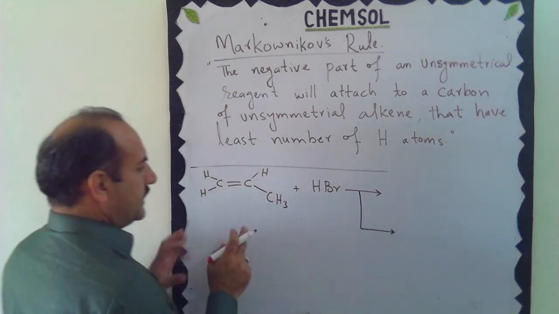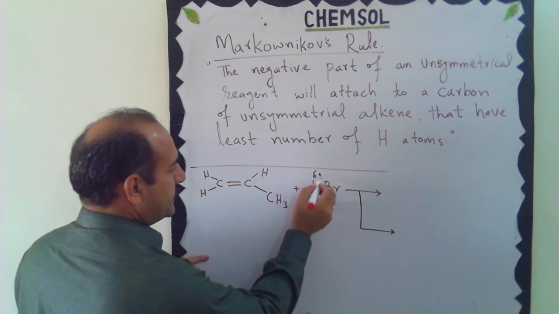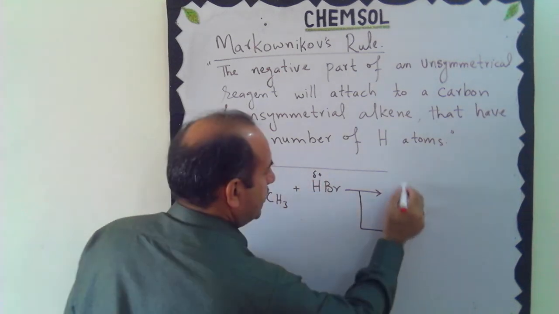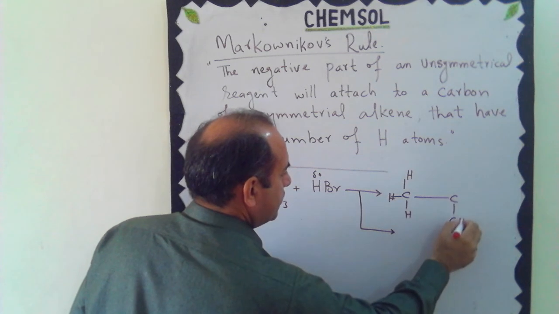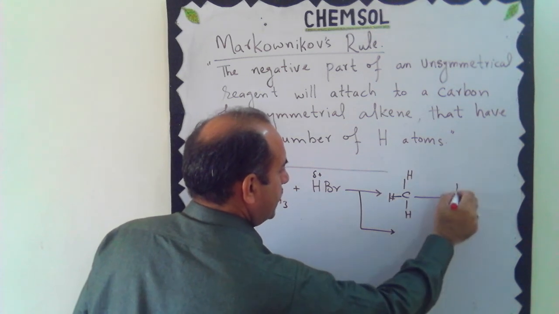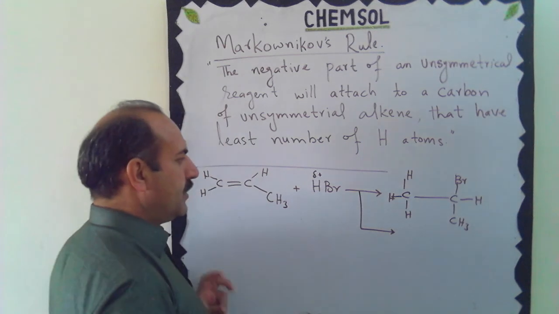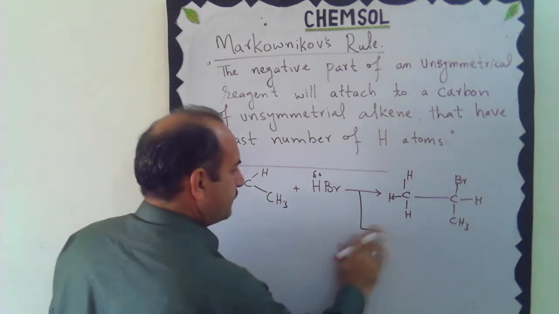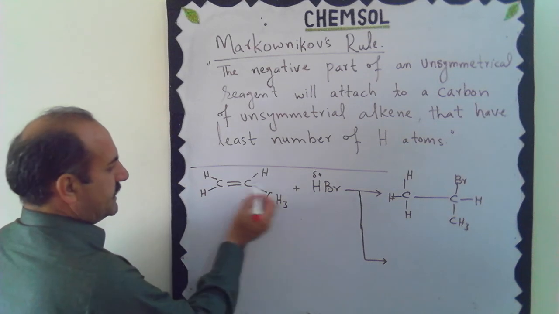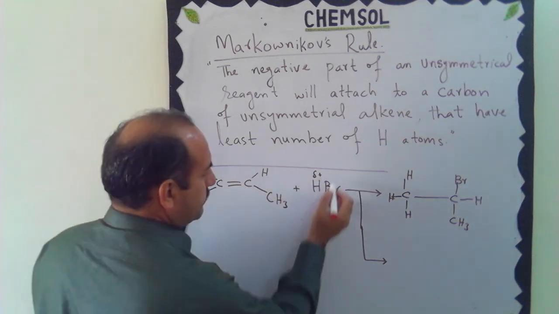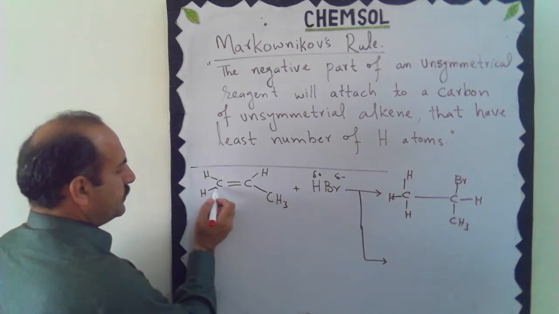Let's suppose in the first case we attach this hydrogen, which is partial positive, on this carbon, then we get CH3CBrHCH3. This is one of the products that we can obtain. Another product is where a hydrogen atom is attached on this carbon and bromine, which is partial negative, is attached on the CH2 carbon.